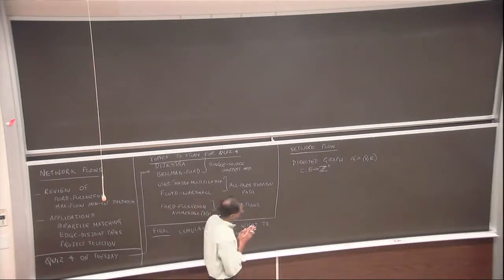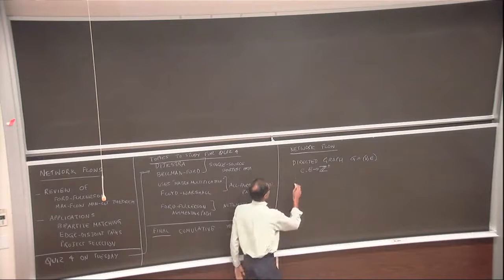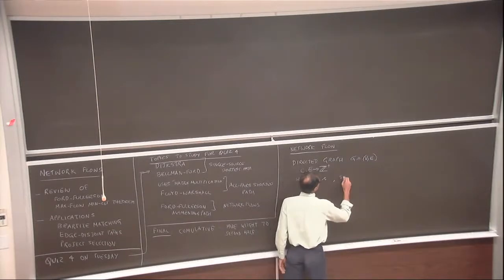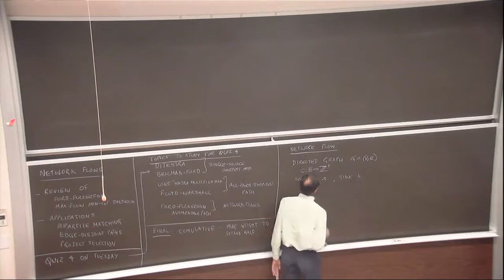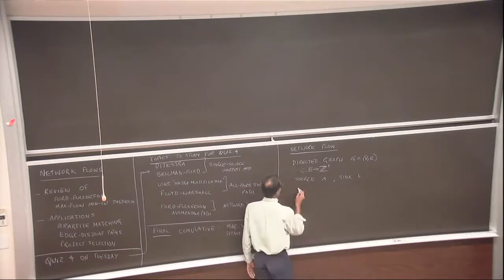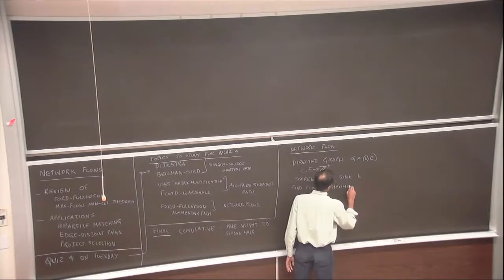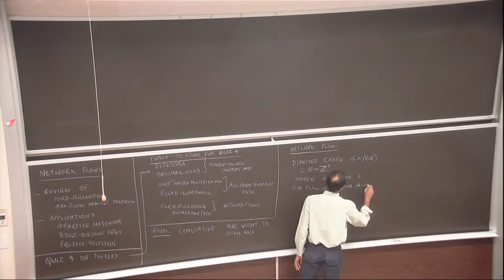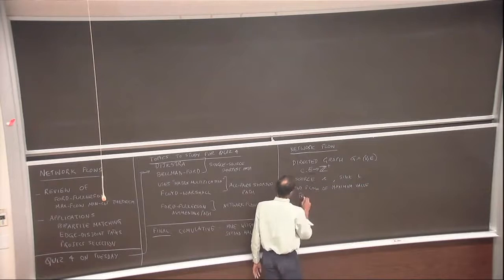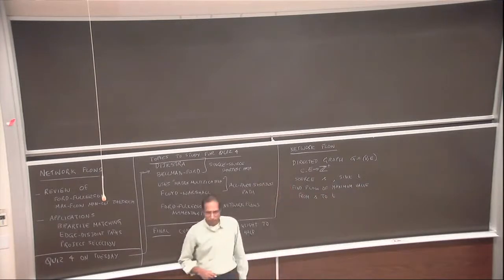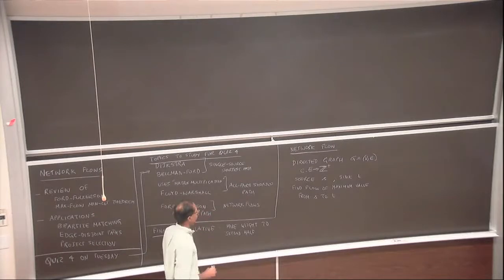Then you're given a source S and a sink T, and the goal is to find a flow of maximum value from S to T. What is a flow?